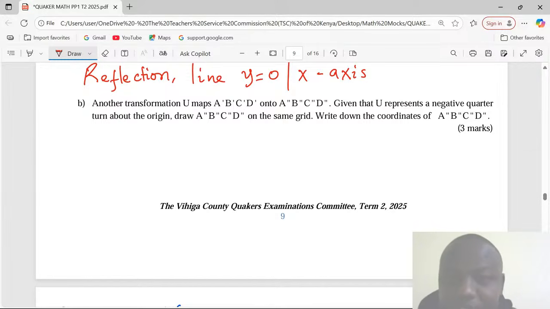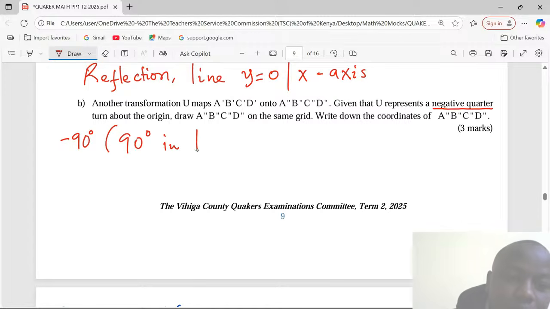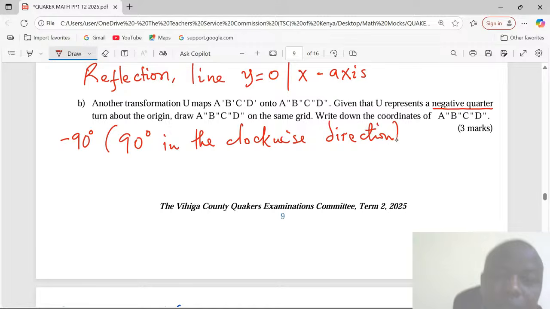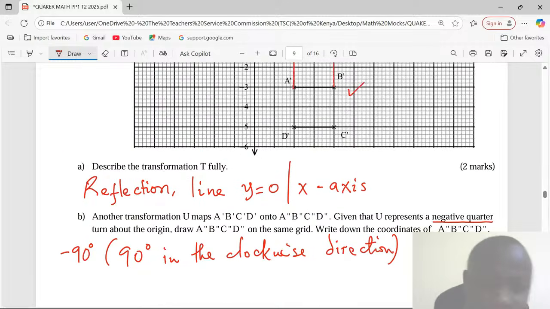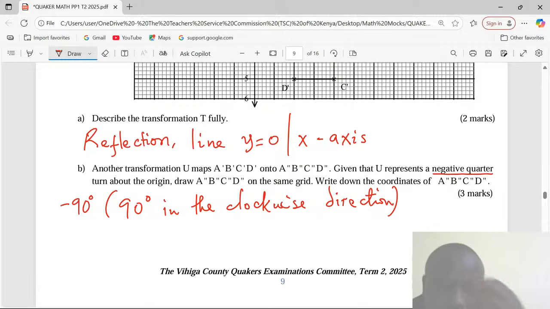Given that U represents a negative quarter turn, that means negative 90 degrees, which means 90 degrees in the clockwise direction. So that is the turn that you are going to experience: a negative quarter turn about the origin. So for us to describe a turn, which is also called a rotation, fully, we have to mention the center of the rotation, which in this case is the origin.